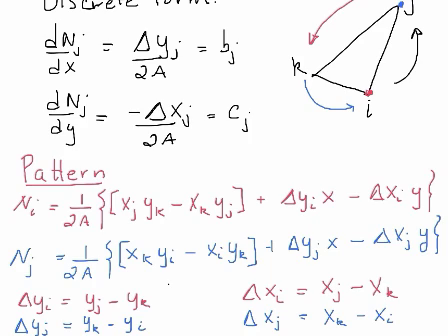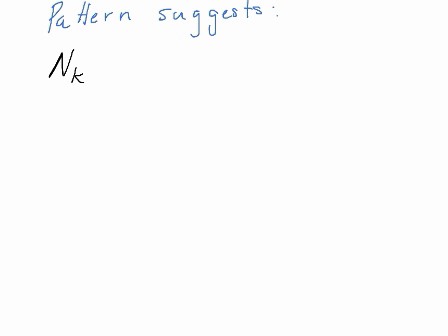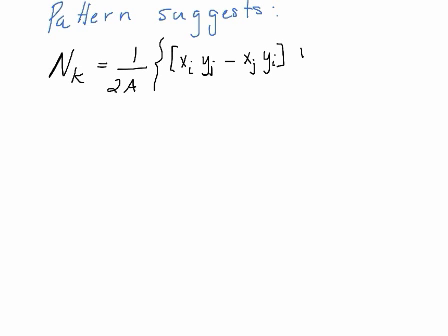Based on looking at this, what do you expect that we will find for our n sub k? So based on the pattern that we've already seen, the pattern suggests that n sub k will be equal to 1 over 2a times xi yj minus xj yi plus delta yk times x minus delta xk times y.